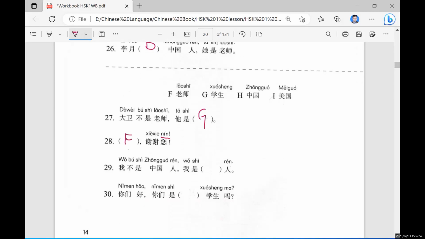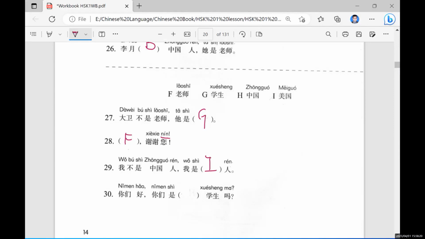In 29, we say Wo bu shi Zhongguoren, I am not Chinese. Always remember, we firstly make a negative sentence by saying we are not Chinese. Definitely we are going to say something else, so we can add I. Like we say, Wo shi Meiguoren, I am an American.